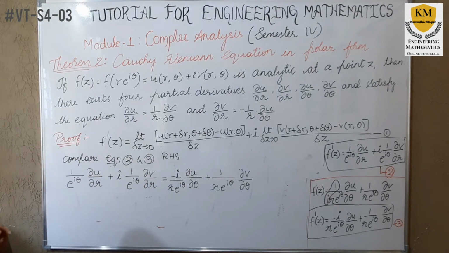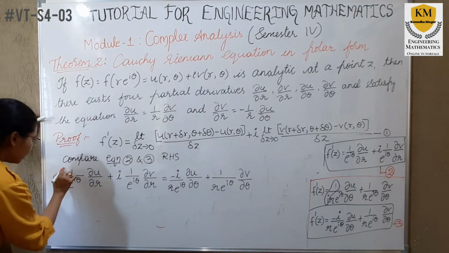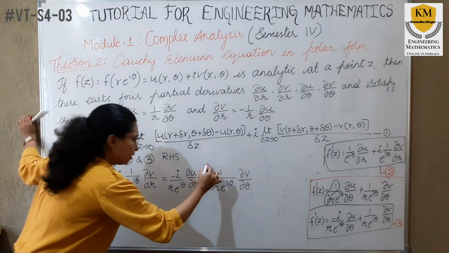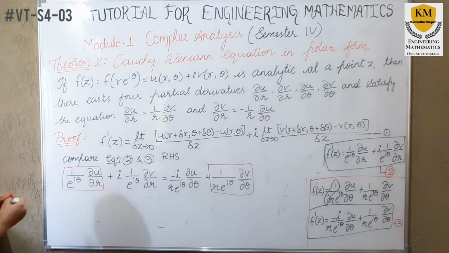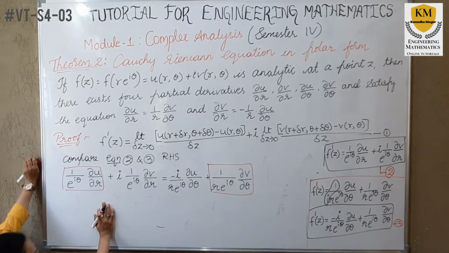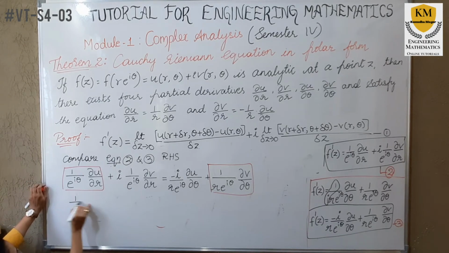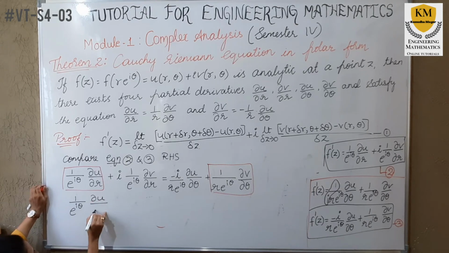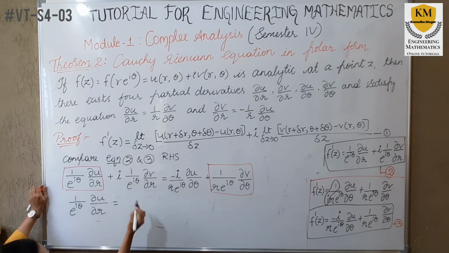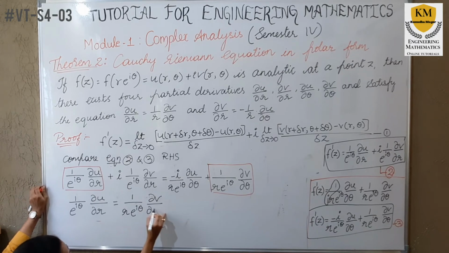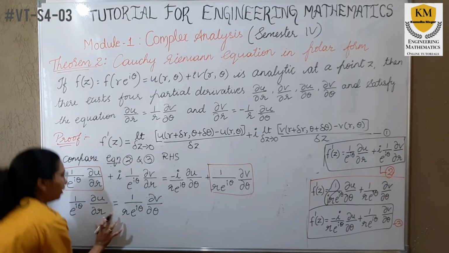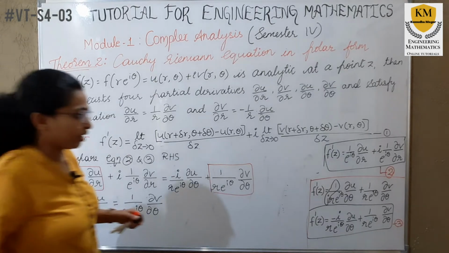Now what I will do, I am just going to say this is the real part. Similarly, this is the real part. Let me consider only the real parts. What happens? I can write this as 1 divided by e to the power i theta del u by del r is equal to 1 divided by r into e to the power i theta del v by del theta. Hope by this time you understand the next step.